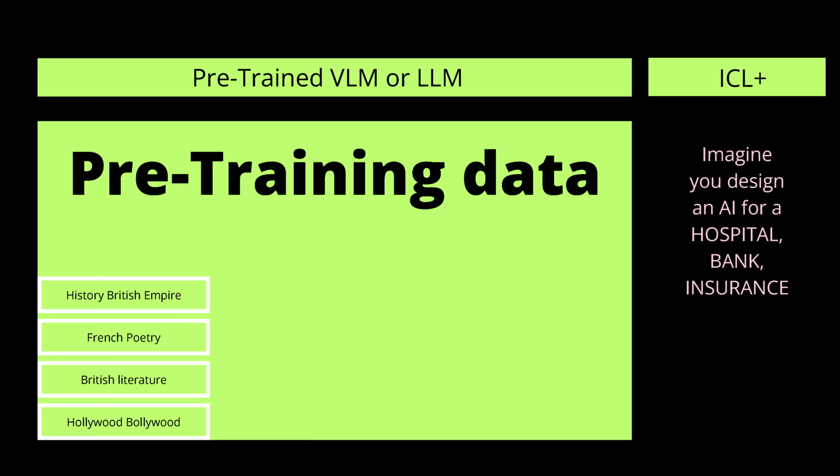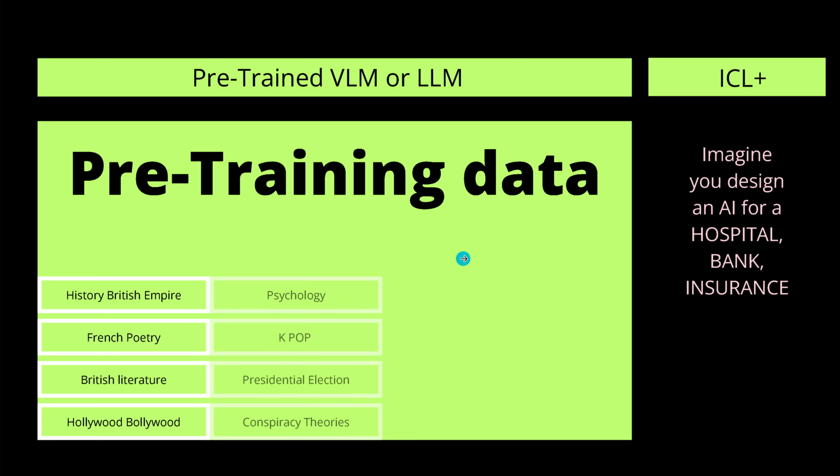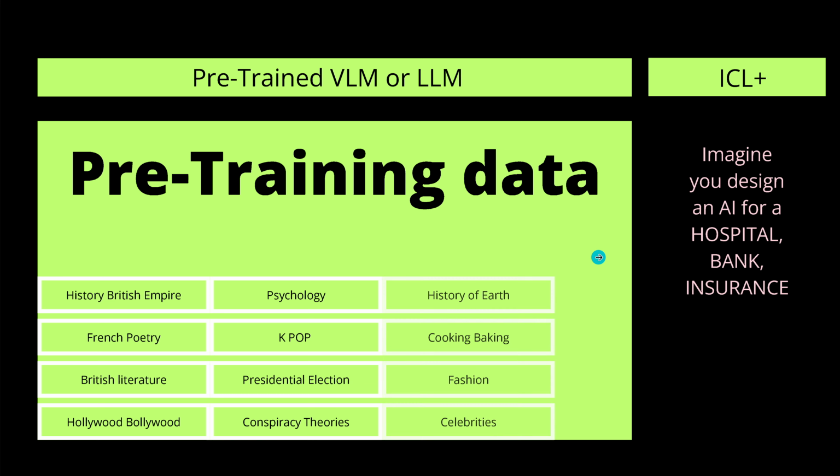We have everything about Hollywood, Bollywood, news and actors and whatever. We have everything about psychology. We have everything about the latest trend of K-pop. We have, especially in the US, there seems to be a focus on the presidential election coming up in the news cycle. And we have conspiracy theories on the internet you cannot even imagine.